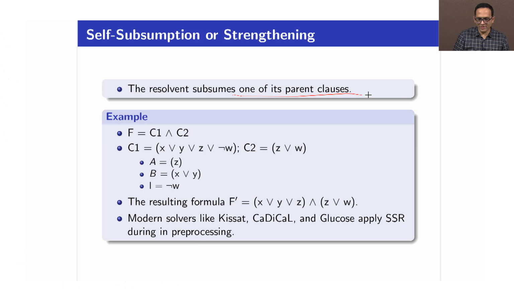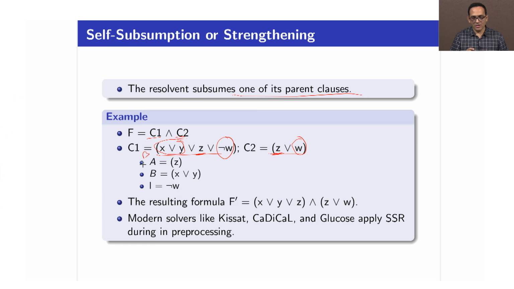Just to give one more example, suppose I have two clauses C1 and C2, and C1 is this and C2 is this, and say here my literal is W, right. So, I have not of W here, W here, and A is basically Z, right. So, this is my sub formula which is present there, and this also has something else which is B, right.